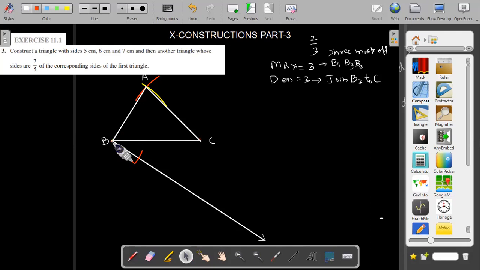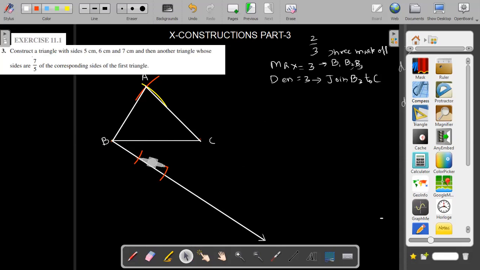One part, then don't change this. Put here 2 parts, 3, 4, 5, 6, 7.